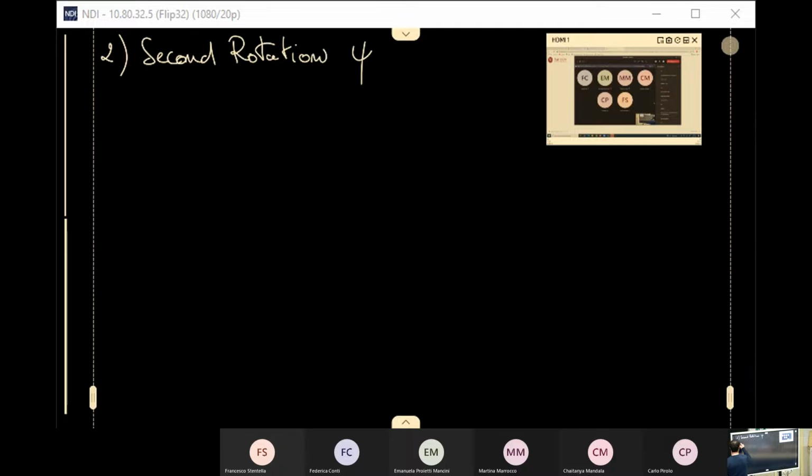Well, psi, as we saw, gives the vector eta i as a rotation d2 applied over the xi, right?